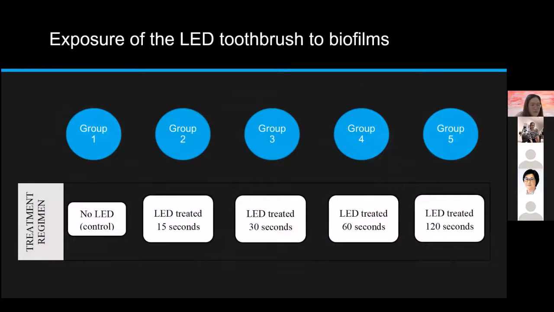The biofilms were then divided into 5 groups: the control group with no LED exposure, and the experimental groups exposed to the LED light for 15, 30, 60, and 120 seconds. Each group contained 2 plates of S. mutans biofilms. The biofilms were then scraped off and put into 1 milliliter of phosphate buffer saline or PBS.